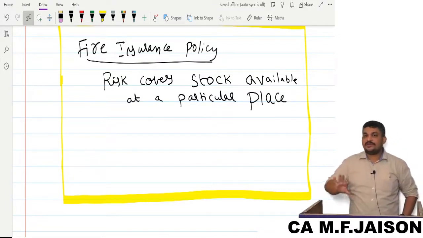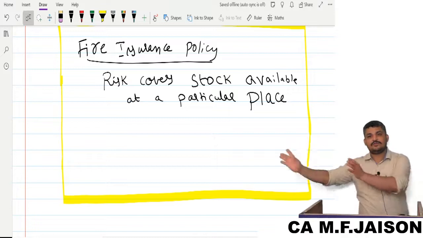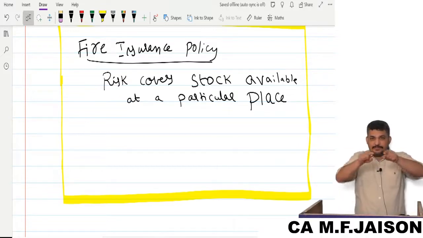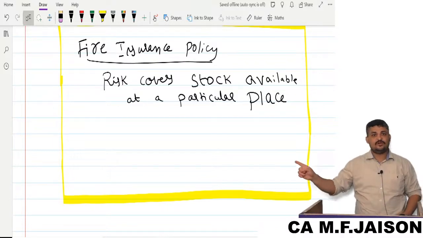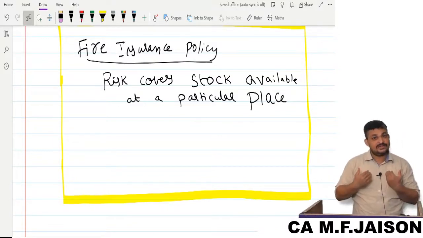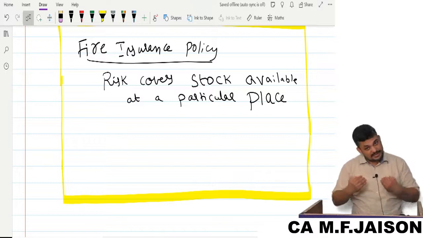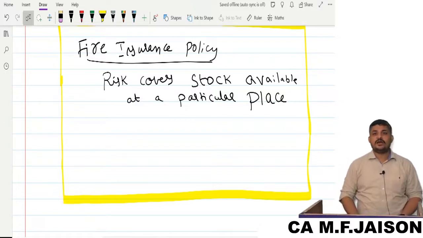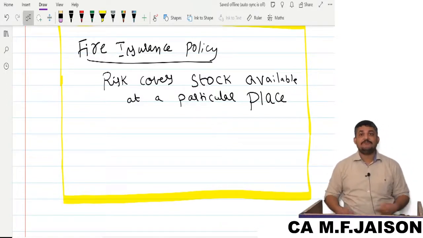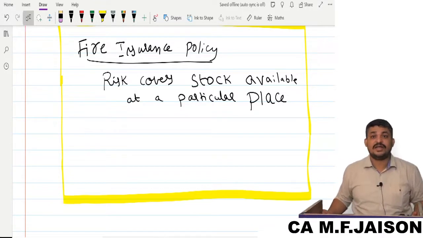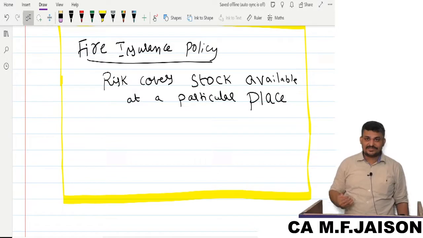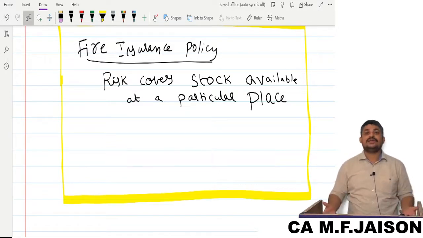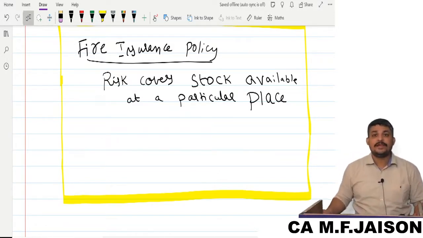So now what happens? I have transferred goods to the consignee, say goods worth rupees 2 lakhs. Now in my Chennai office, a fire accident took place. Now is that 2 lakhs also my stock or not? Yes, it is my stock. I am the owner of that stock, but that can't be part of the stock on the date of fire. Even though that stock is also my stock, it can't be considered as stock on the date of fire.